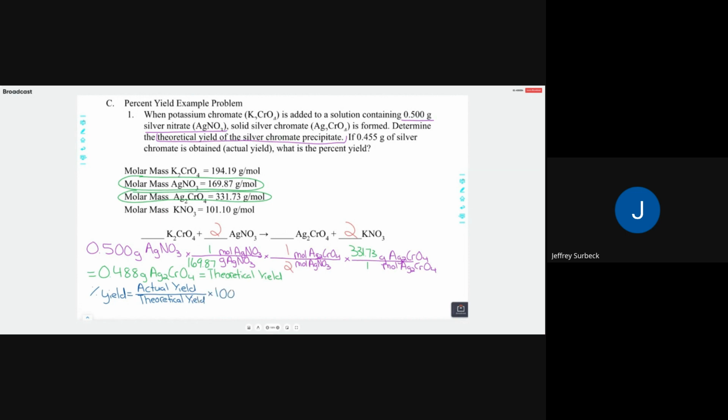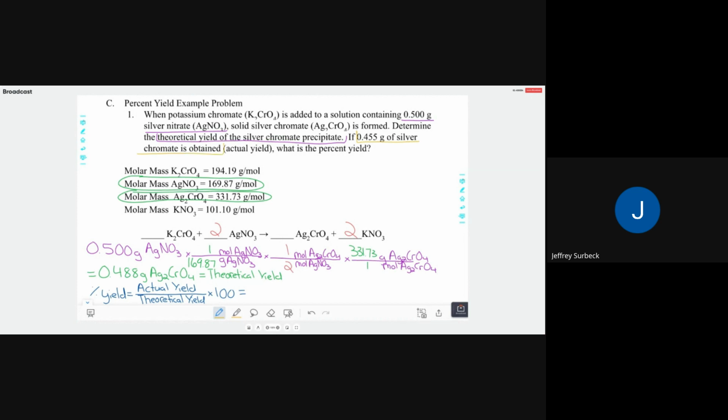And so at this point, I'm just going to insert our numbers here. We are given in problems your actual yield. Your actual yield is going to be our 0.455 grams of our silver chromate. And it even says in parentheses, actual yield.